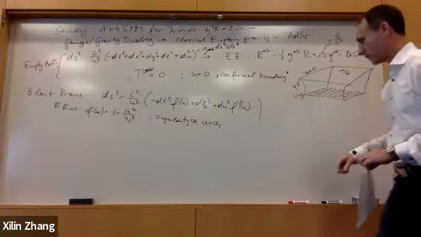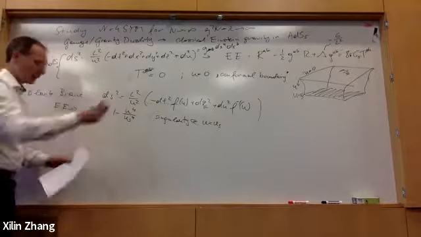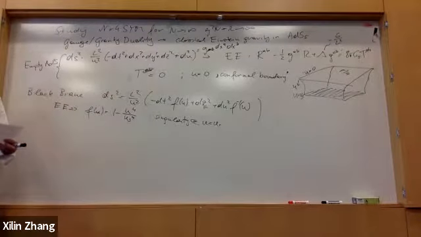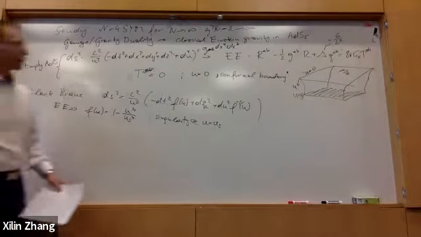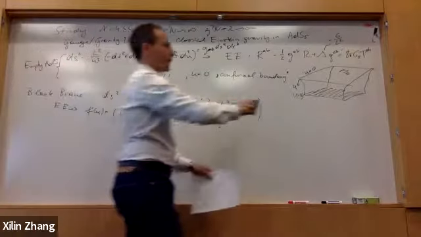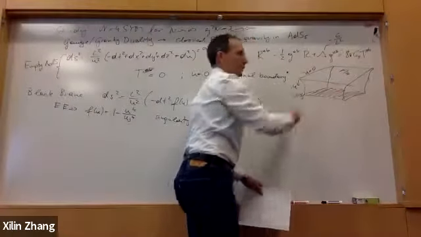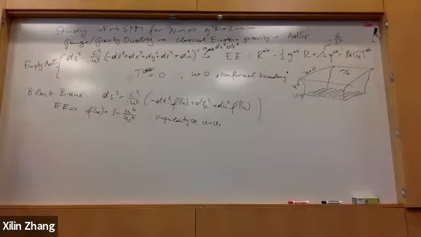We can take our metric here, and we can approximate this metric close to the location of this horizon, close to the event horizon of this brane.